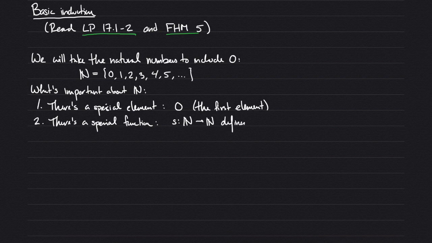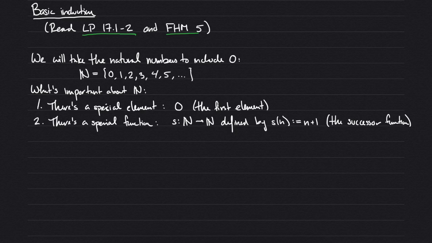And this is defined by sending a natural number n to n plus 1. So it kind of steps through the natural numbers, maybe. And this is called S because it's usually called the successor function.